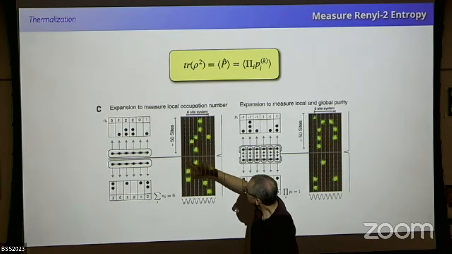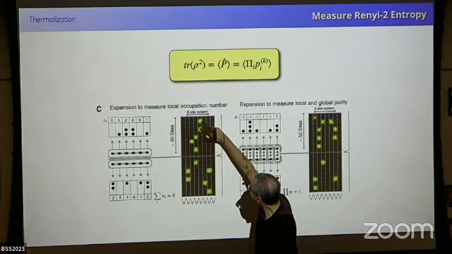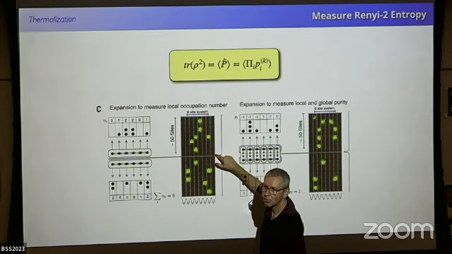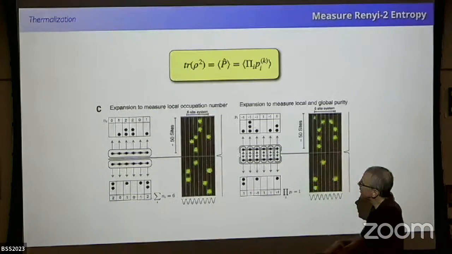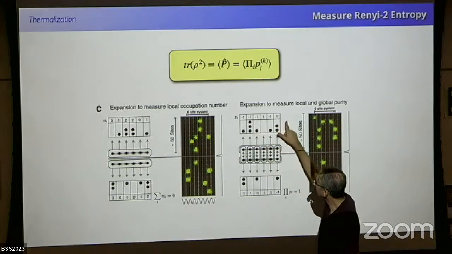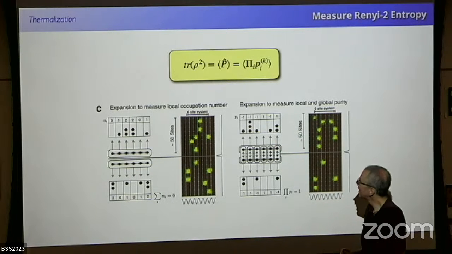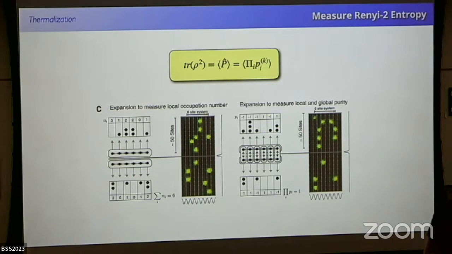So if I want to reconstruct, that would be 0 atoms, 0 atoms, 1 atom, 2 atoms, 2 atoms, 0 atoms, 1 atom, 0 atoms. And then the parity of this detection gives me -1 or 1. I multiply those numbers, and that will give me basically the purity of my global state that I have in the system.